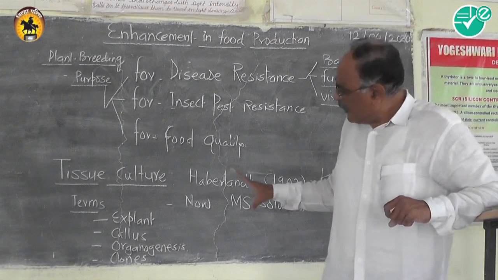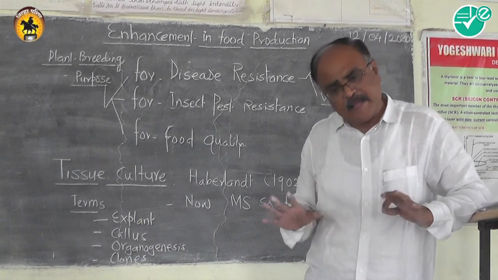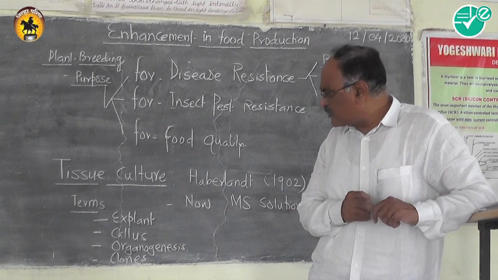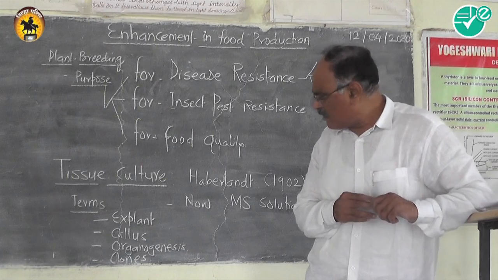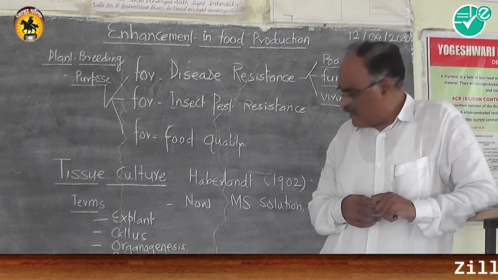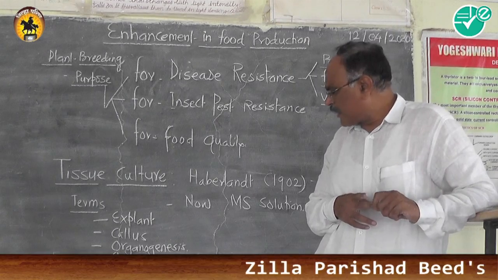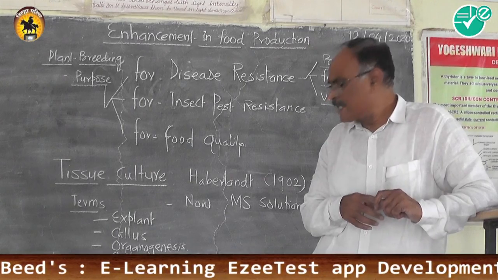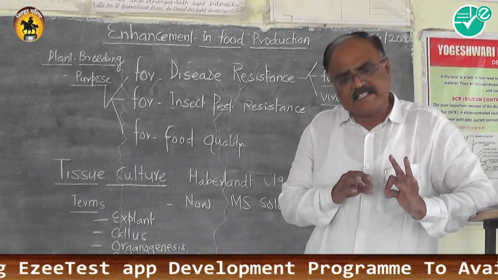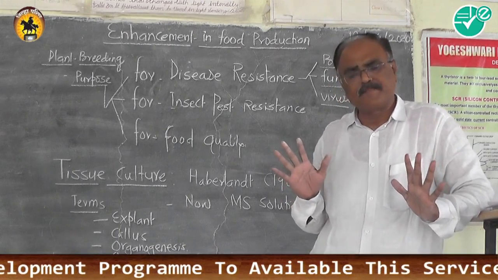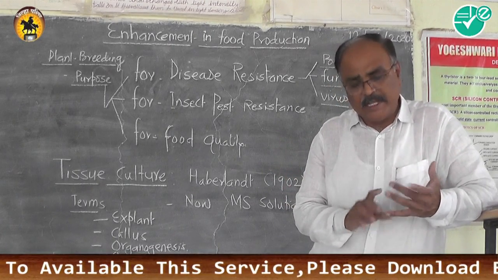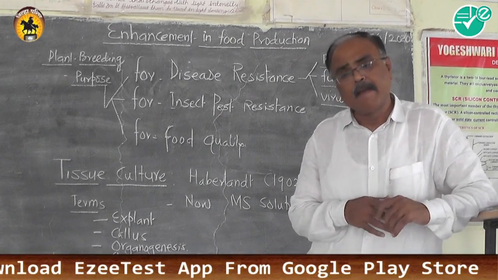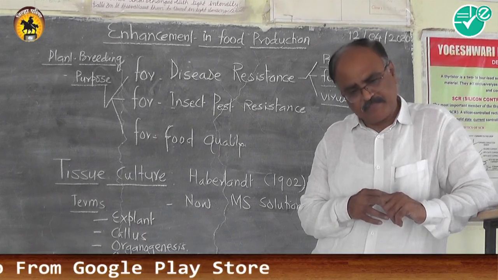Before entering tissue culture, its steps and procedure, some terms are used. The terms are: one, explant; another, callus; third, organogenesis; and the fourth, clones. Explant is an excised part of the plant. It may be from root, stem, tubers, or the meristematic tissue also.